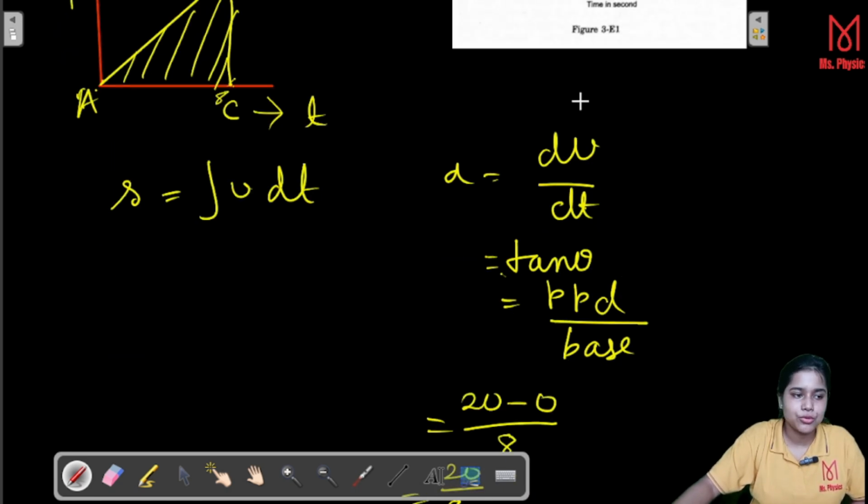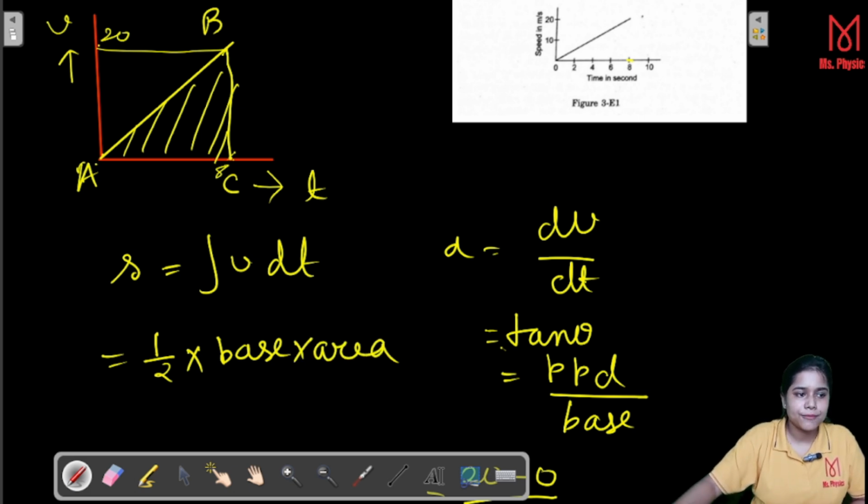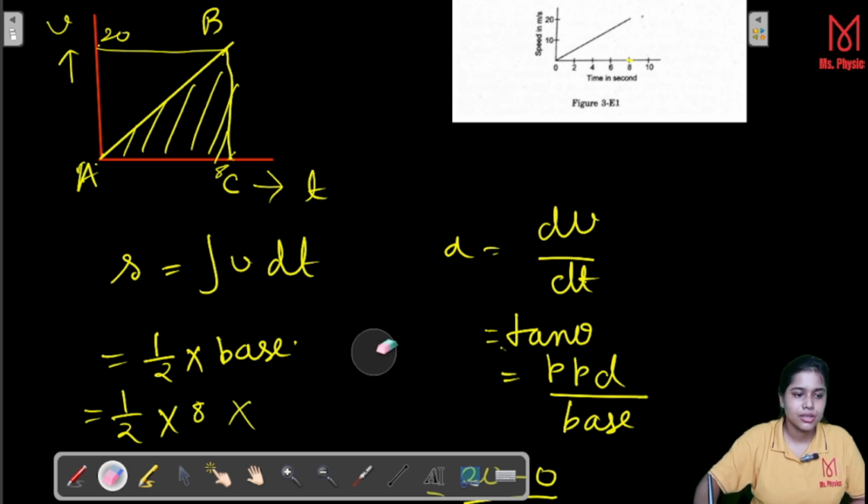Now distance we have to calculate. So S is equal to the area under the v-t graph. Here I choose the formula half multiplied with base multiplied with height, because we have to calculate the area of this triangle ABC. So half multiplied with base, AC, that means 8, and height, sorry, this is not area, this is height.